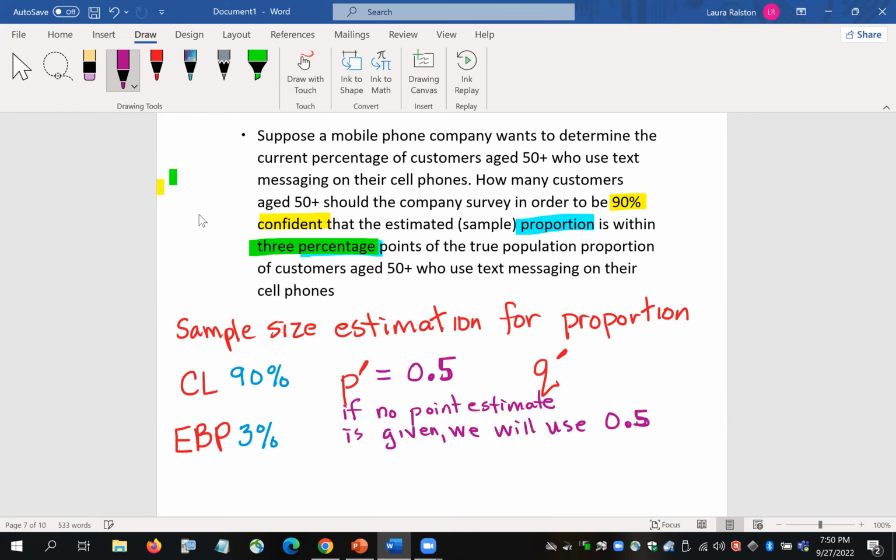We've got a 50-50 chance of a success and a 50-50 chance of failure. Remember, P and Q have to add to 1.